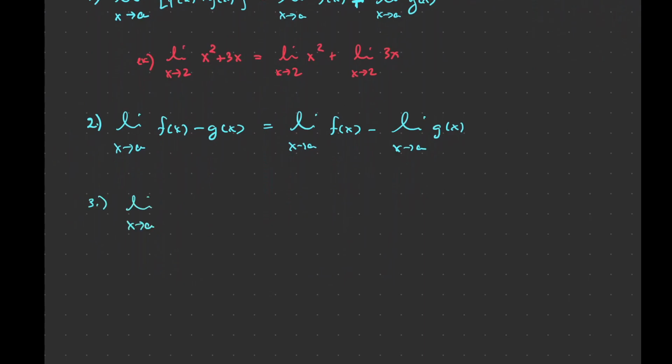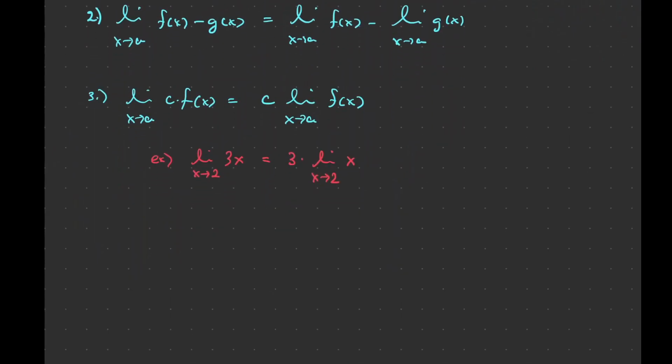This one here says that if you have some constant times a function inside the limit, you can pull that constant outside of the limit. So for example, if I had the limit as x approaches 2 of 3x, let's use that one of the limits from up there, this is the same as 3 times the limit as x approaches 2 of x. Okay? So you can pull a scalar outside of the limit. That's no problem.